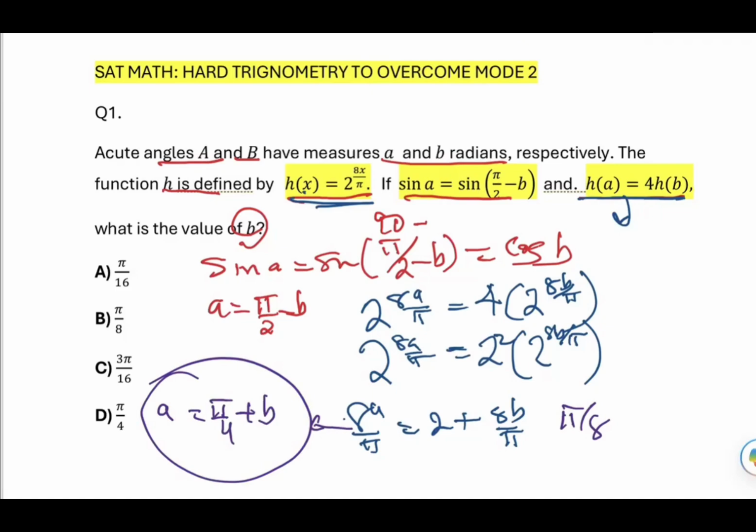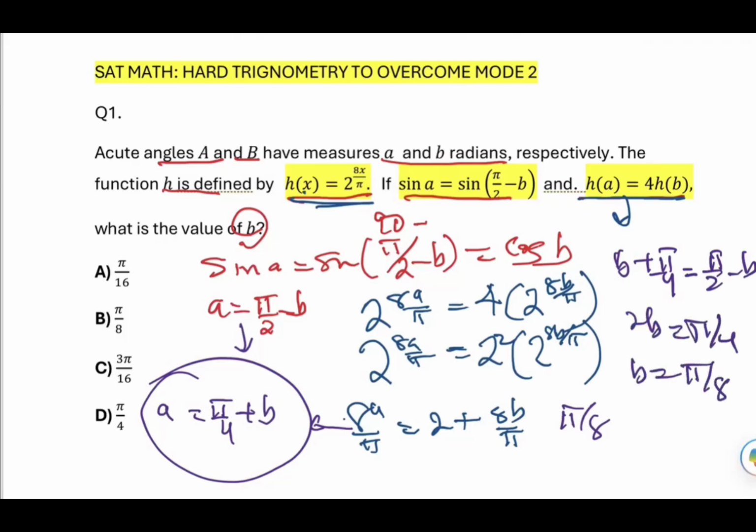But we already know from the beginning, we say A is equal to pi over 2 minus B. Now you have A is equal to pi over 4 plus B. You see something? You can solve them together. Therefore, you can equate those two functions to each other. If you equate them, you're going to get what? Pi over 4 plus B should be equal to pi over 2 minus B. This will be 2B equals pi over 4. Therefore, B is pi over 8.